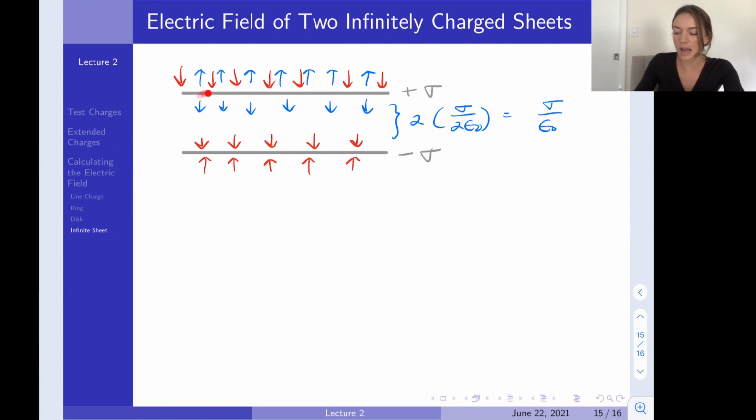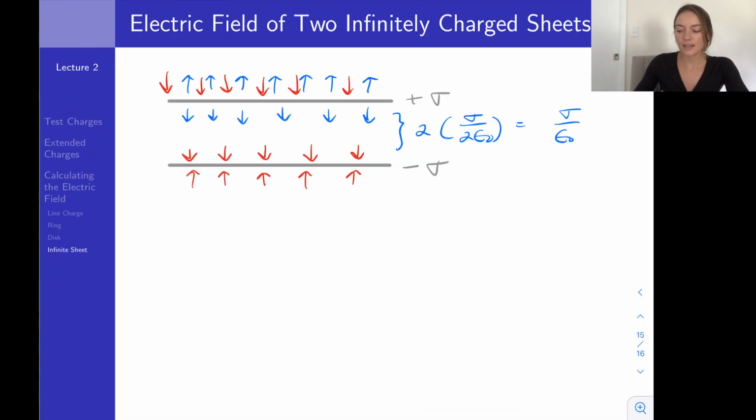It's not stopped by the presence of this other positively charged plate. So you can see now that we have two electric fields that are equal in magnitude but opposite in direction on this side of the positively charged plate. So the electric field out here is actually going to be 0. They're going to cancel.